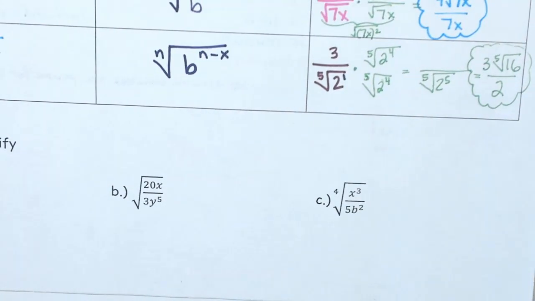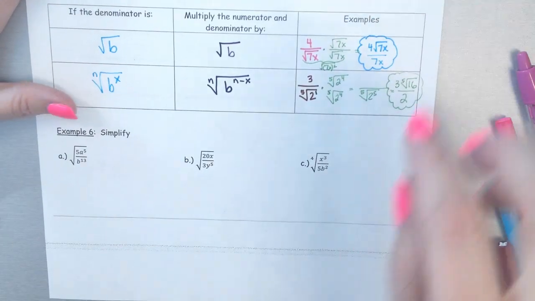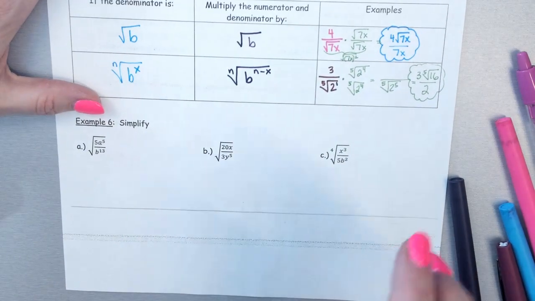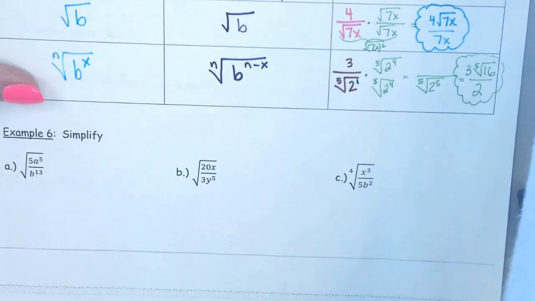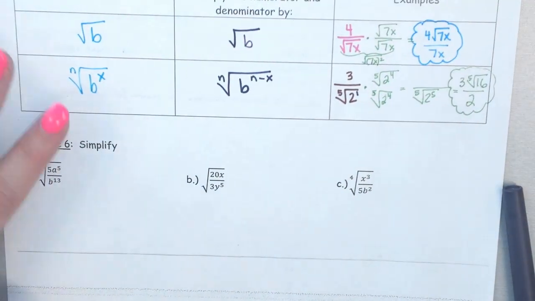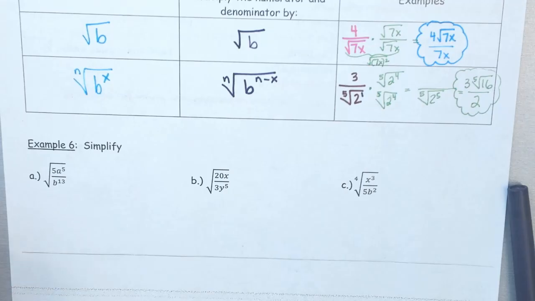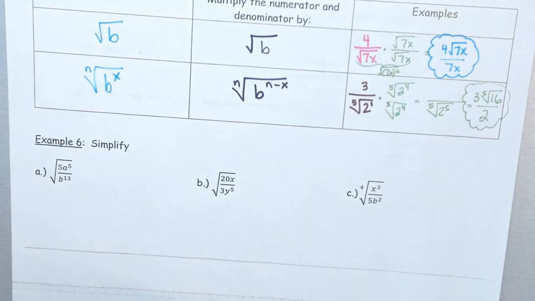All right, now when you are doing these, you really have 2 different methods that you can use to simplify these. A lot of times you're going to want to simplify first. For part A, we're going to do both methods together so you can see the difference, and then I'm going to let you choose which ones you would like to use.